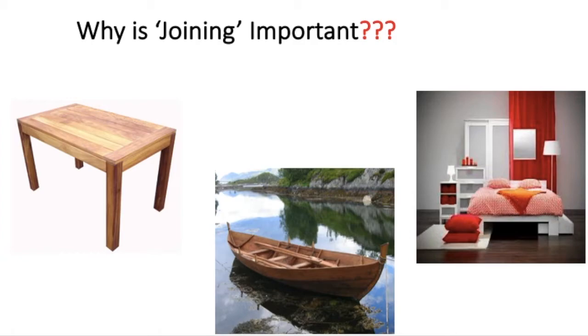Another reason being, joining is important because it makes it easier and more economical to manufacture and join individual components. A good example of this would be if you were to make a cooking pot, for instance.